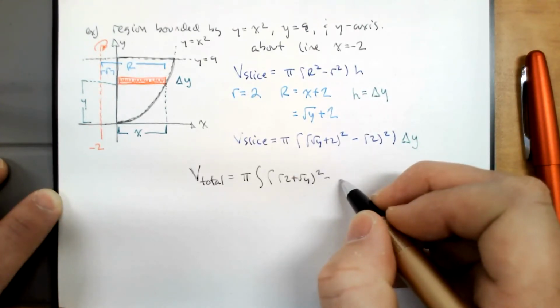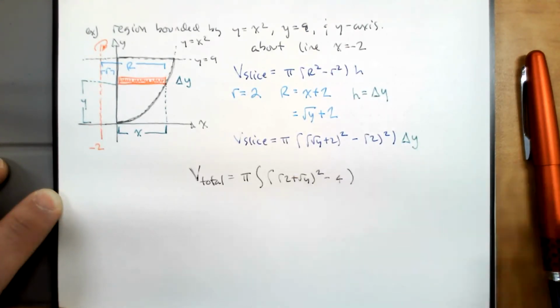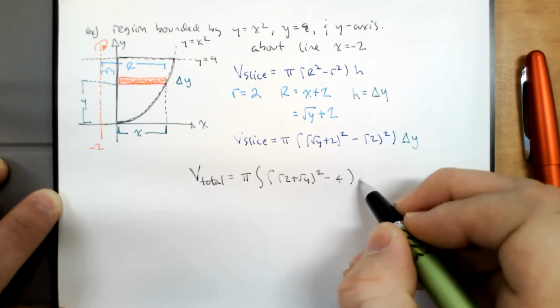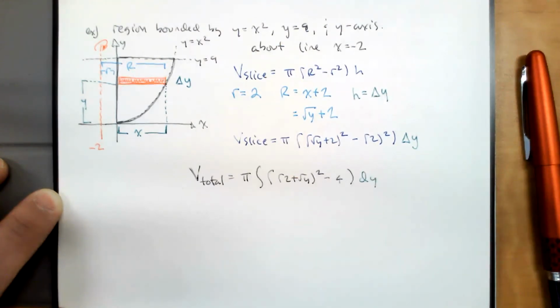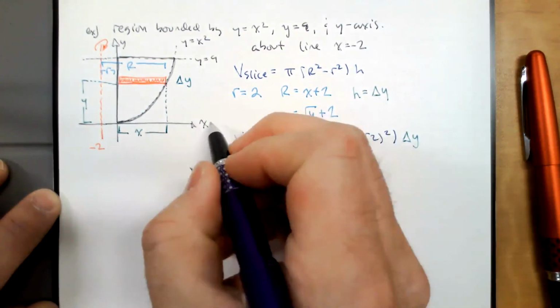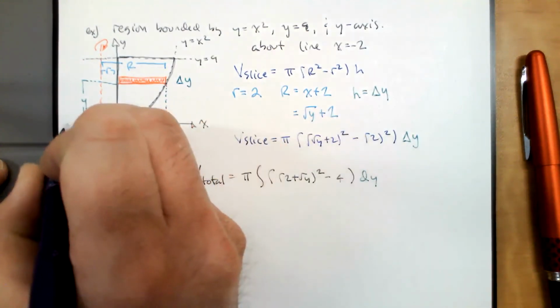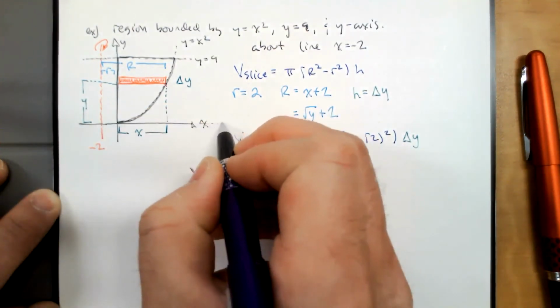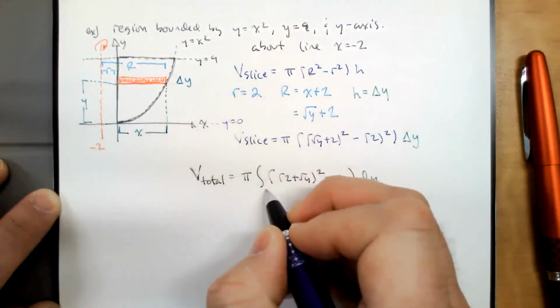And then I'm going to simplify the 2 squared as 4. I'm going to make sure my delta y becomes a continuous dy. Then I just have to go back and see what my y values are. The y starts off here at 0 and ends at 9.